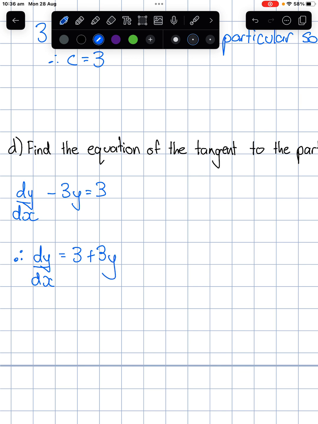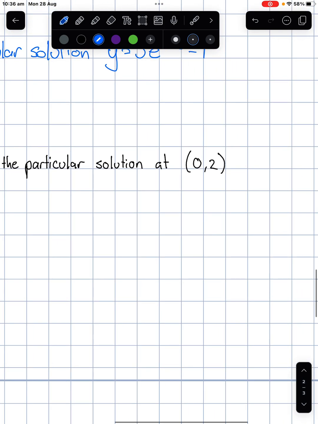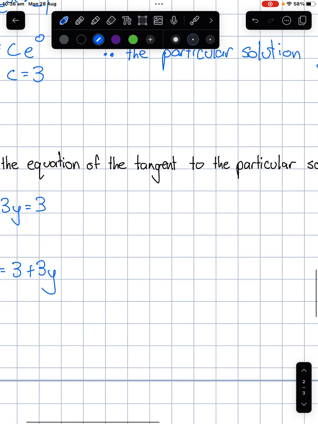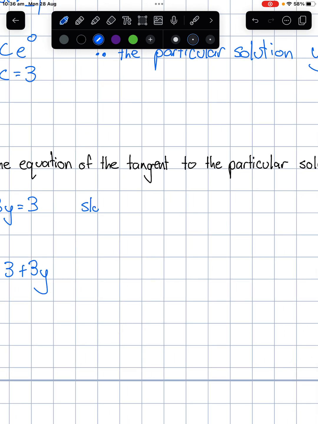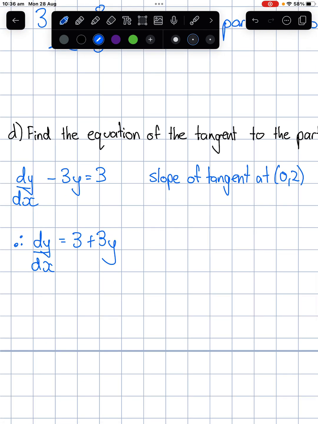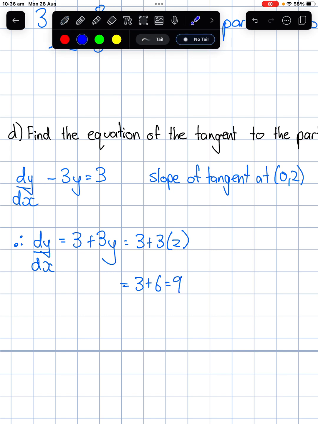So I'm just going to do that for this particular one, because we're looking for dy/dx at 0, 2. So we're looking for the slope of the tangent at 0, for that particular solution. So y is 2. So dy/dx equals 3 plus 3 times 2, which gives us 3 plus 6, which equals 9.